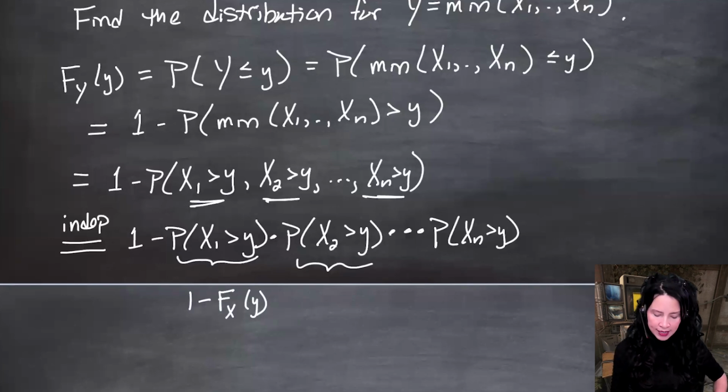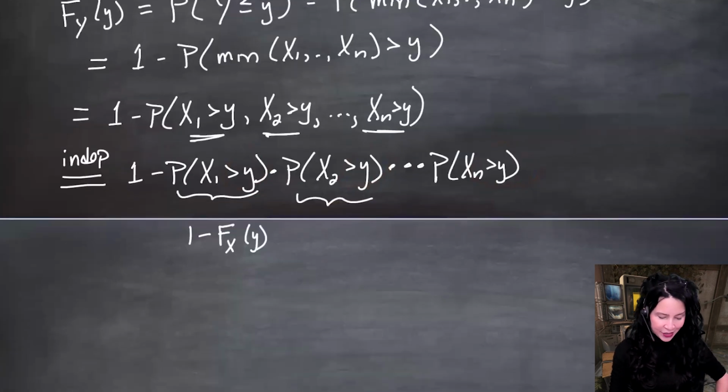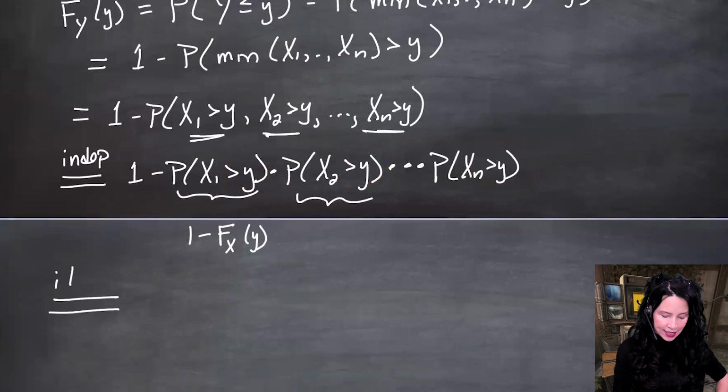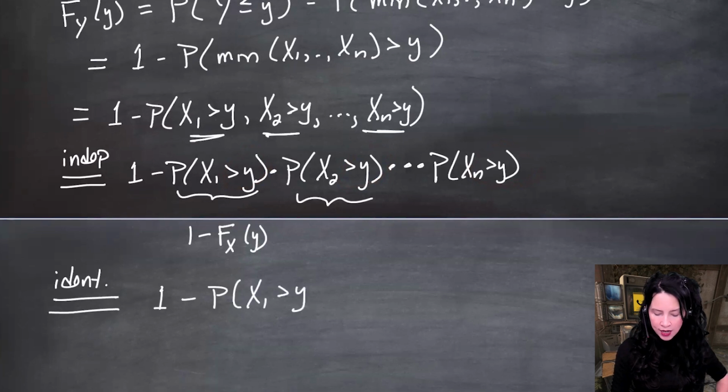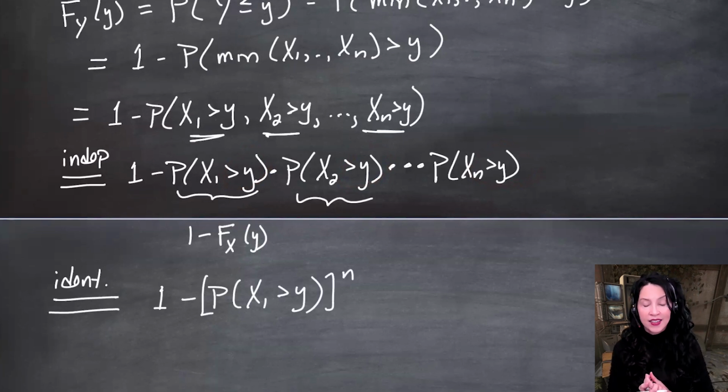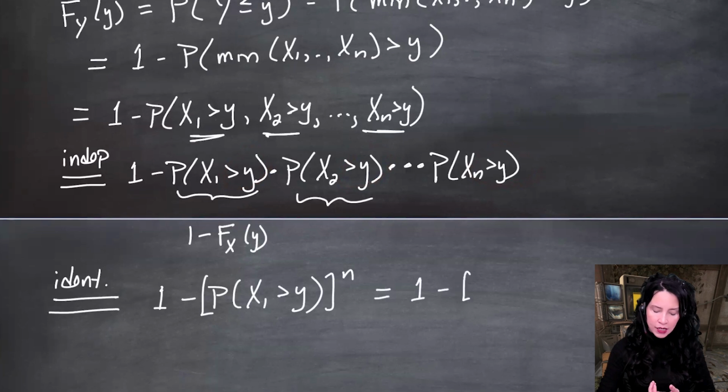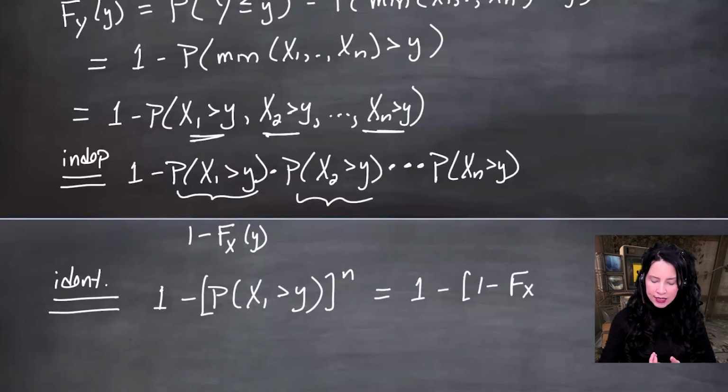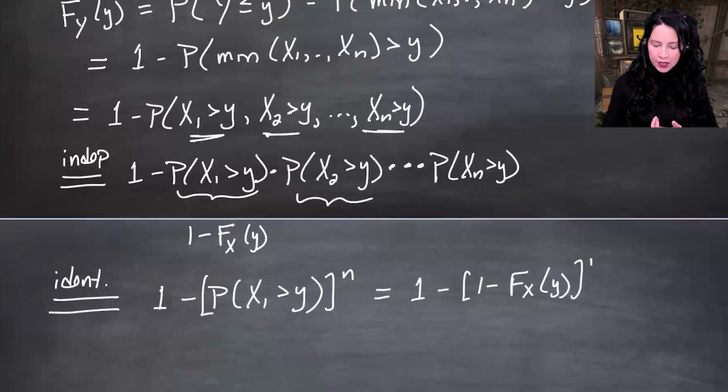And unlike some previous examples, I have the same argument for all of these. So all of those n probabilities are identical. So by identicalness, this is 1 minus the probability that x1 is greater than y, to the nth power. And if we want to write this in terms of the CDF for x, this is 1 minus the CDF for x evaluated at y, to the nth power.